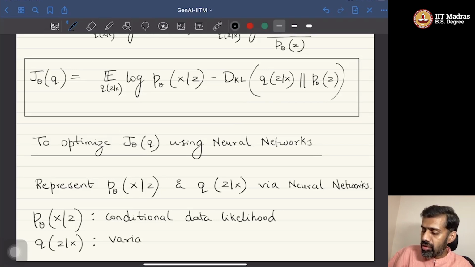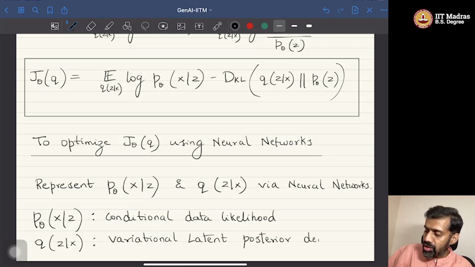variational latent posterior distribution, or posterior density. This is also obvious because what we are looking at is the posterior, z given x.